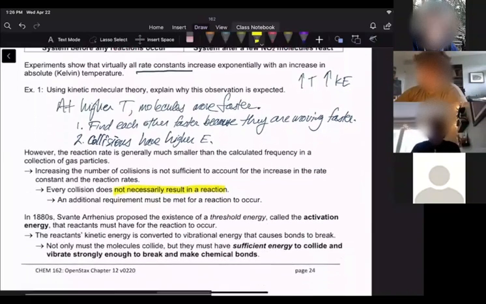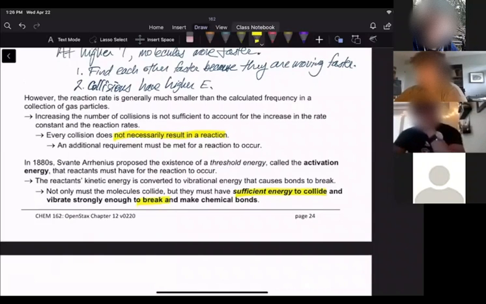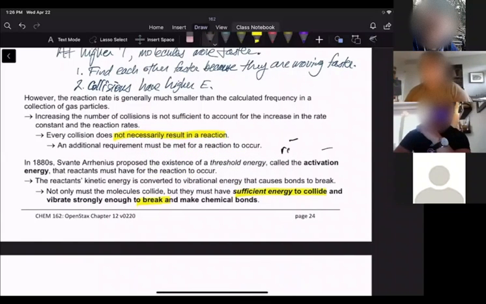There can be some other requirements. So we have to have enough energy to break the bond. And that amount of energy is the activation barrier, the activation energy. So we'll usually see that written like you might have reactants going to products, and there's this barrier.